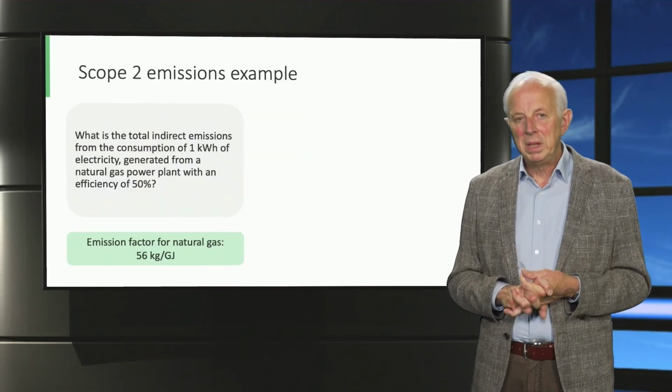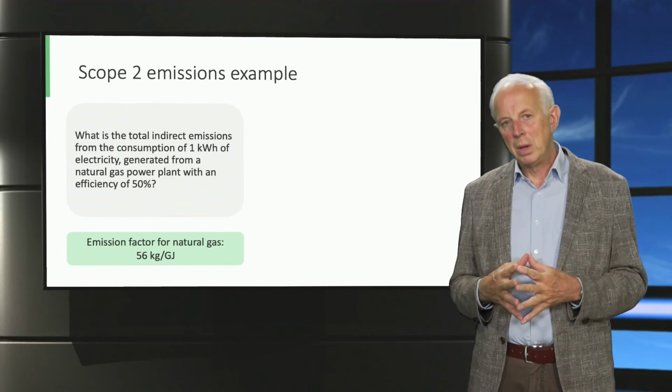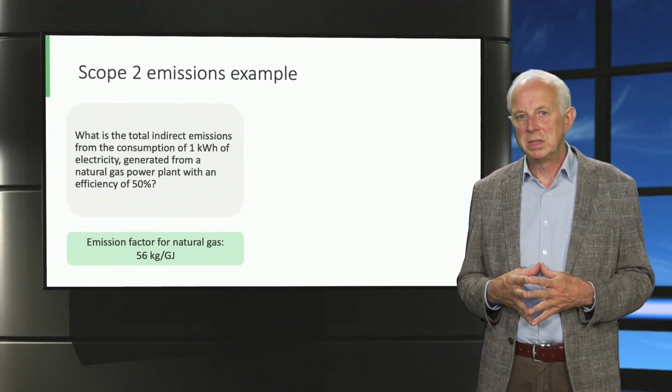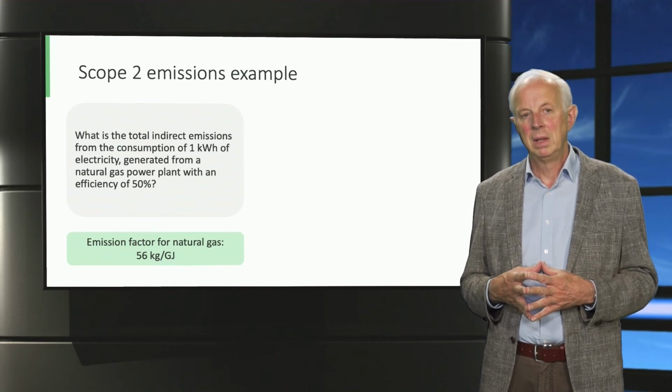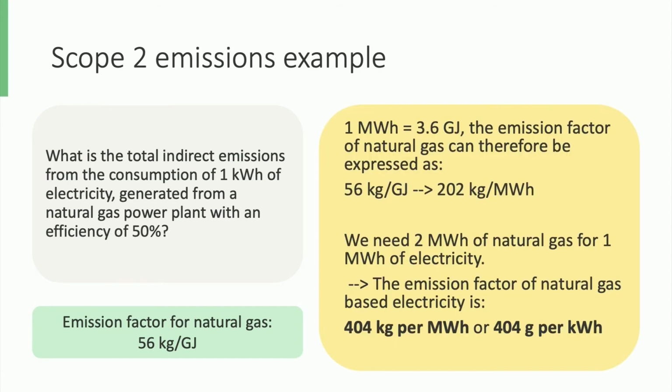We will now dive a bit deeper into calculating scope 2 emissions. If we use 1 kilowatt-hour of electricity, what are the emissions that we are causing? Let's first look at a simple case in which all of the electricity is produced by natural gas fired power plants, with a conversion efficiency of 50%. The emission factor of natural gas is 56 kg per gigajoule. As 1 megawatt-hour is 3.6 gigajoules, we need to multiply by 3.6 to get the emissions per megawatt-hour of natural gas.